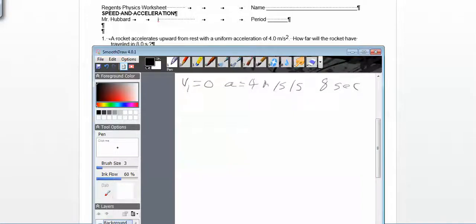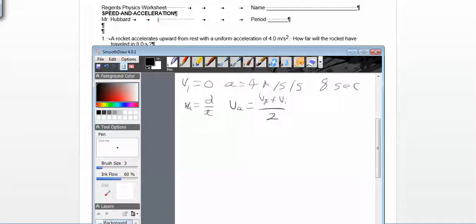Well, our velocity equals our distance over time. This is our average velocity. Our average velocity is also v final plus v initial all over 2. So far this doesn't help because I don't have v final, but the key is our acceleration.